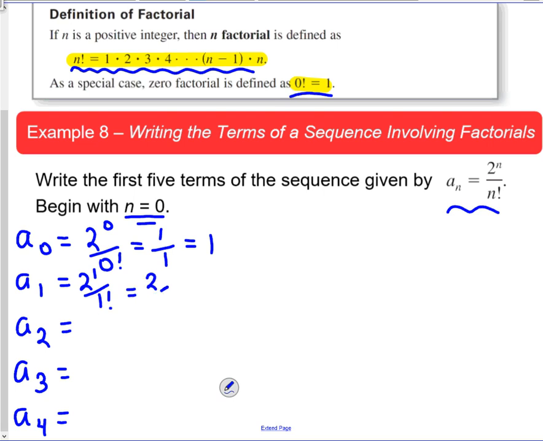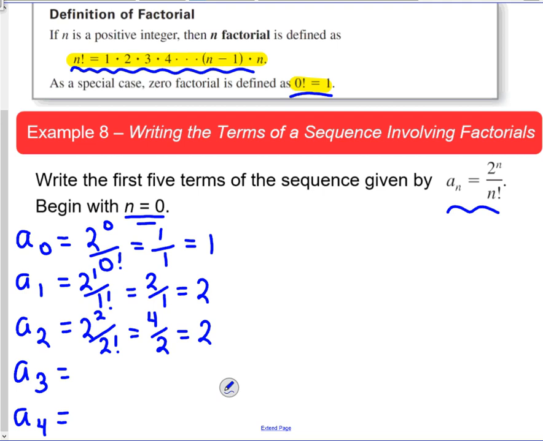That gives us 2 over 1, which is just a 2. And to find the a sub 2, you're going to replace each n with a 2. So 2 squared over 2 factorial. 2 squared is 4. 2 factorial, 2 times 1 is 2. That simplifies down to a 2.